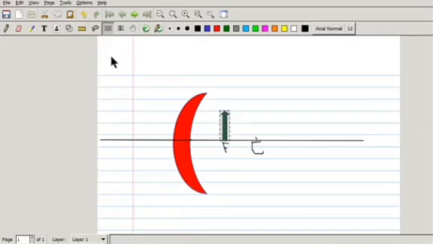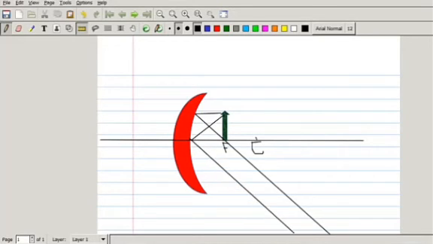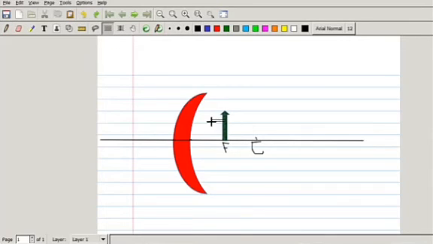One ray coming parallel to the principal axis after reflection passes through the principal focus, and another ray which impinges at the pole is reflected with an angle of reflection equal to the angle of incidence, and these two rays never meet and we will get the image at infinity.